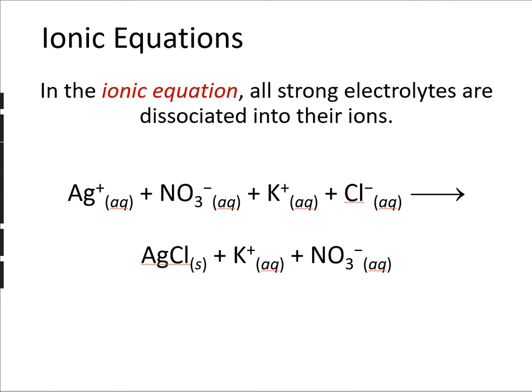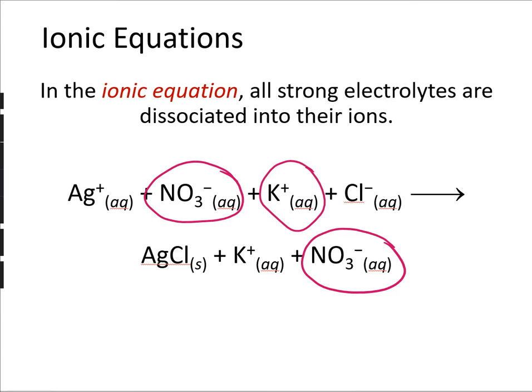And so in the ionic form, you're seeing all ions of the aqueous solutions that are present. So when we look at this, if you notice, in this form, we have nitrate on our reactant side and nitrate on our product side. The exact same ion in the same physical state. The same thing with the potassium ion. K plus on both sides of the reaction.